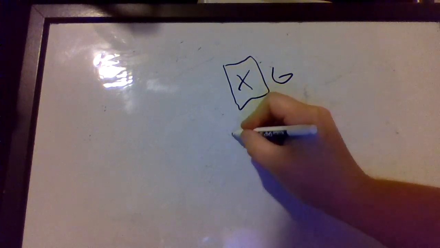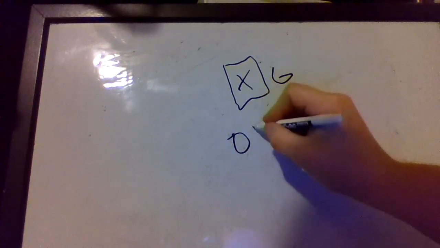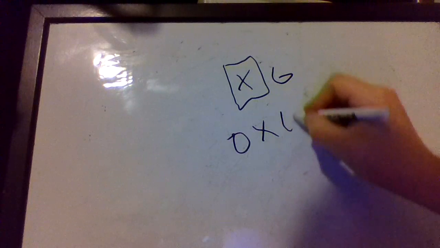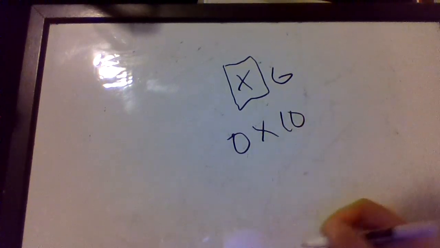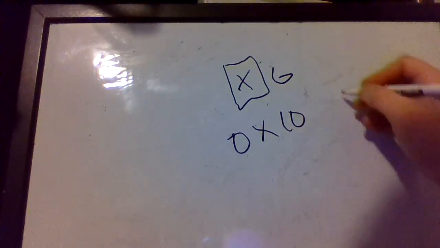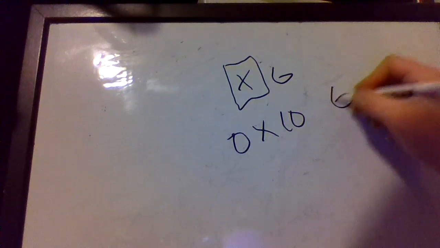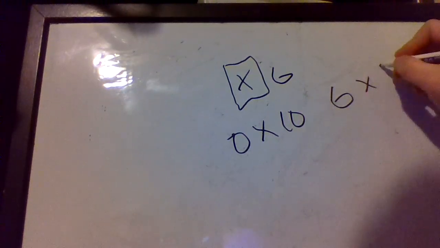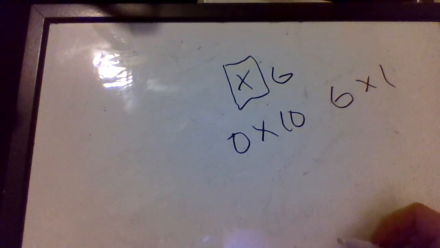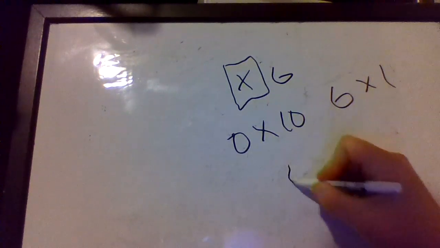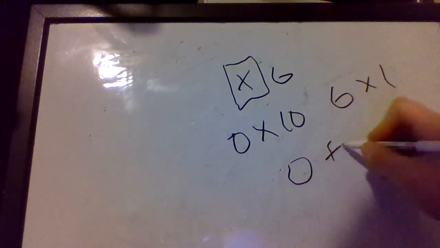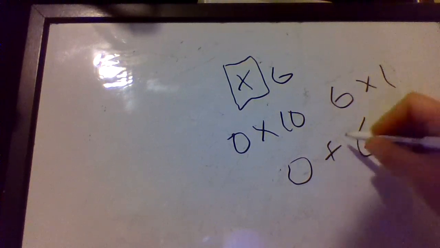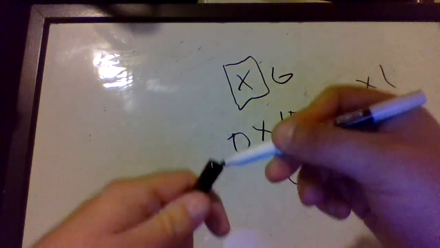So we have 0 groups of 10. And how many groups of 1? 6. 6 groups of 1. So that would be 0 groups of 10, which is 0, plus 6 groups of 1 equals 6.